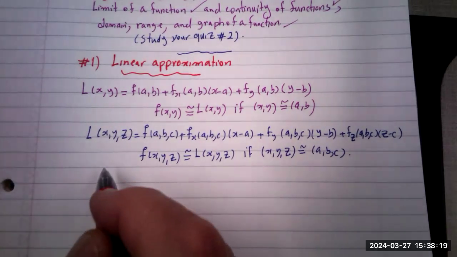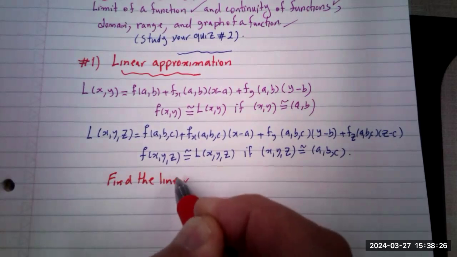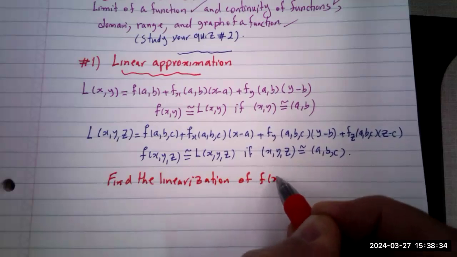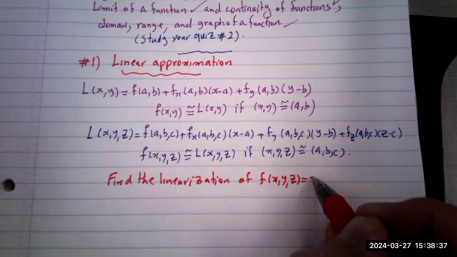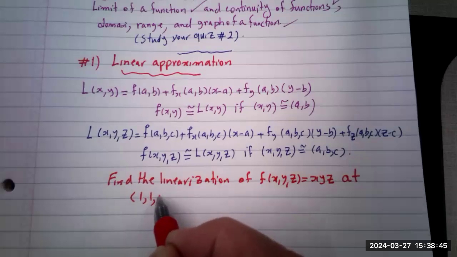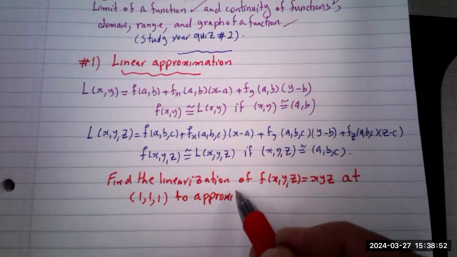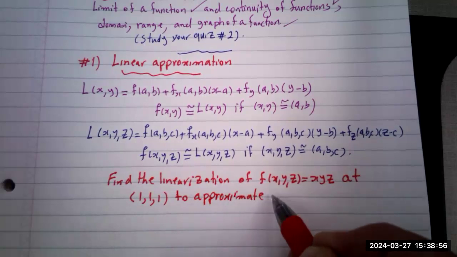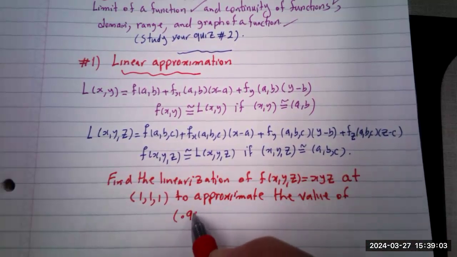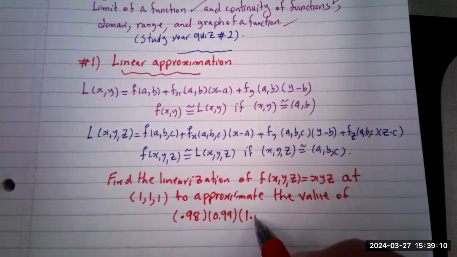What we have in number one is we want to find the linearization, or linear approximation, of the function f(x,y,z) equal to xyz at the point (1,1,1), to approximate this number, the value of 0.98 times 0.99 times 1.03.